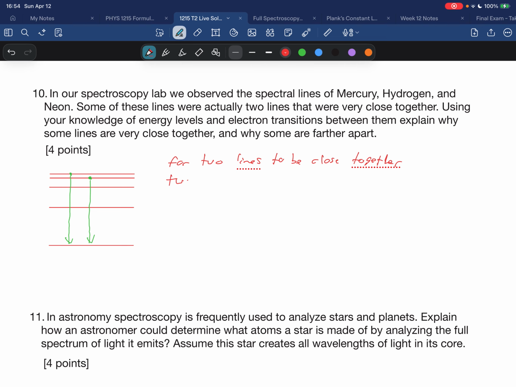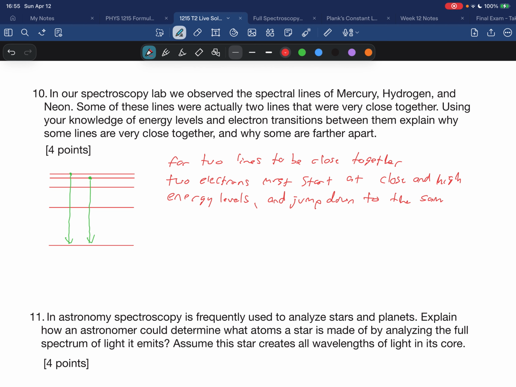So for two lines to be close together, two electrons must start at close and high energy levels and jump down to the same energy level.